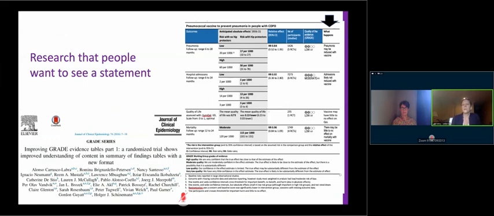So it wasn't enough to simply show, here's pneumonia, here's the relative effect that we found, a risk ratio of 0.84, and this is how certain we are about it, and this is what will happen to people. They also wanted a summary statement to help them interpret that evidence. And so that is really pushing us to ask, how could we write these summary statements in these tables?